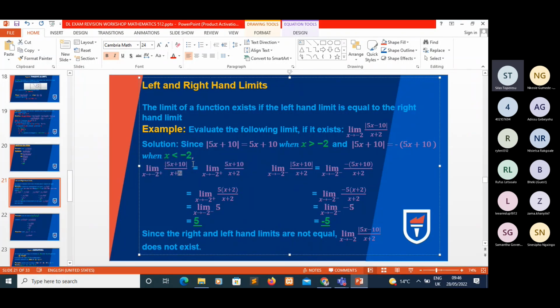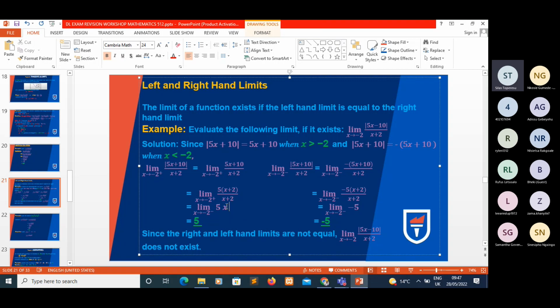So this bar simply means this one is the positive side. You take the positive side of this one, which is simply going to be 5x plus 10. But if you factorize 5x plus 10, you factor out 5 and it gives you x plus 2 inside. And this x plus 2 cancels with this one, which means you are going to get the limit of 5. But the limit of a constant that doesn't have x, if it was having x, then you would put -2 in place of x, and have 5 times -2.